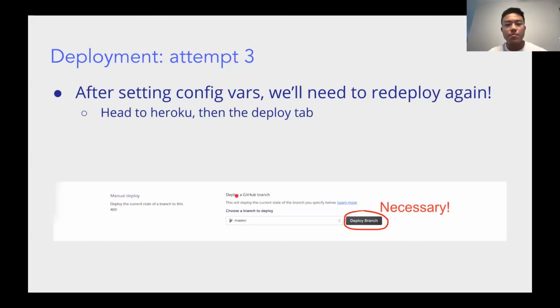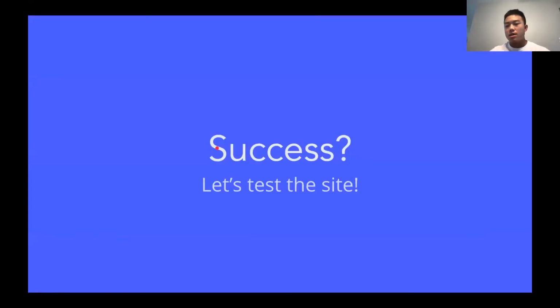All right, so after we've set the config vars, let's go back and redeploy one more time. So this time, everything knows about everything, right? Our local code knows about the secret values. Our Heroku code also knows about the secret values. So it should be able to work. Let's click deploy one more time.